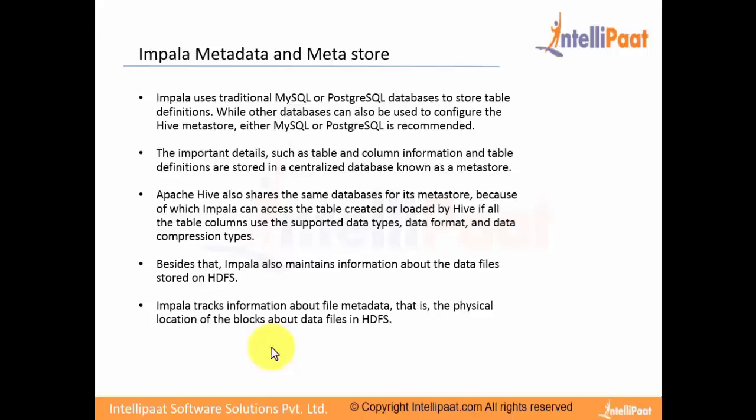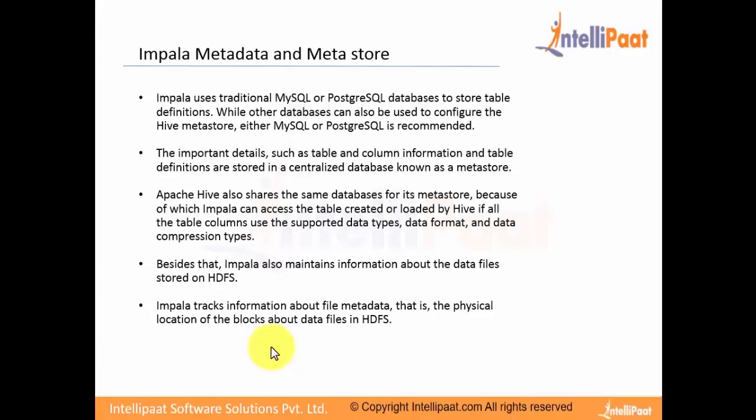This nice gesture of metadata sharing helps the end user a lot. It prevents the creation of the same table information at two different places, saves a lot of processing time and a lot of mess, and allows the end user to switch between Impala and Hive as and when necessary.